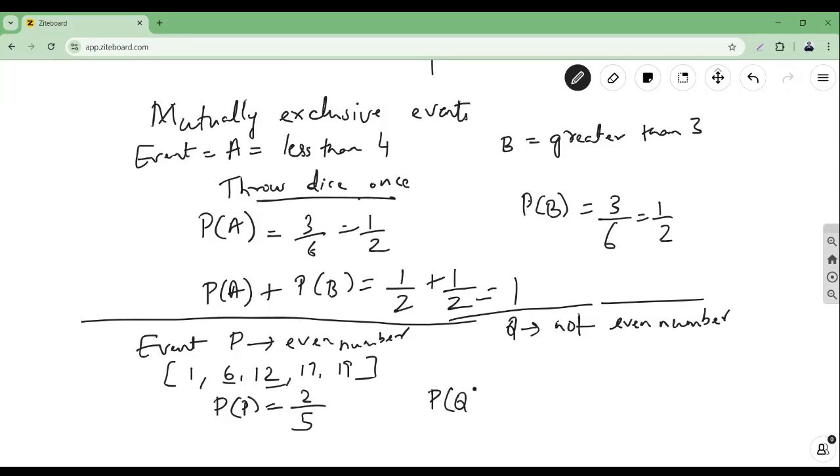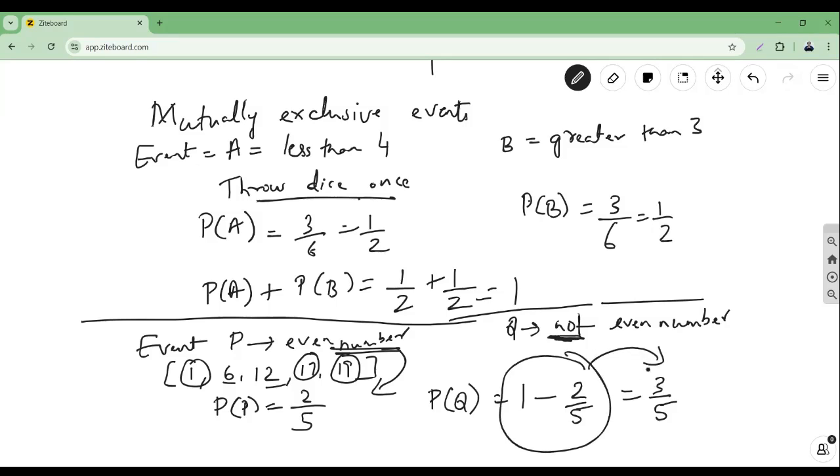Because P and Q are mutually exclusive events and their addition is going to be 1, you can directly say this is going to be 1 minus 2 fifths, that means 3 fifths. And you will also find here these are the odd numbers, not even numbers, and it is 3 fifths you will get. So they are mutually exclusive events, right? When you find one of the probabilities, you subtract it from one, and you get the probability of the other mutually exclusive event.